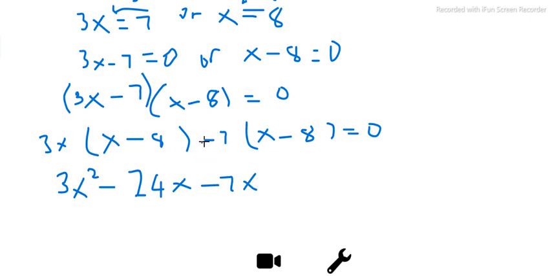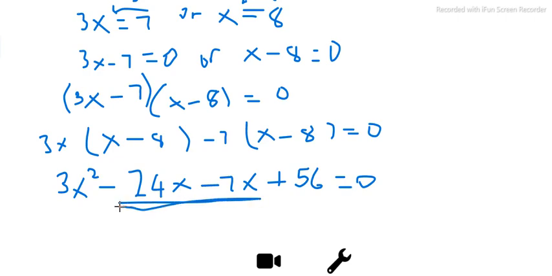This one is minus, this is minus. Minus times minus will give us plus. 7 times 8 will give us 56 equals to 0.